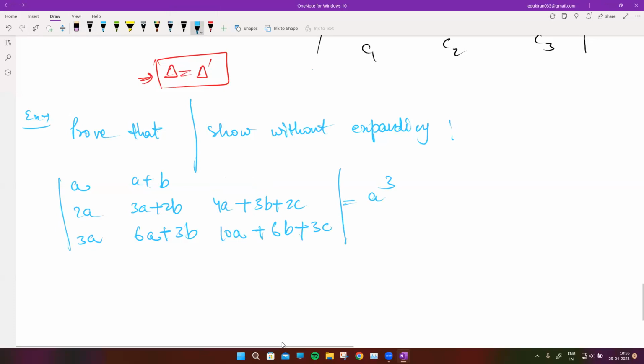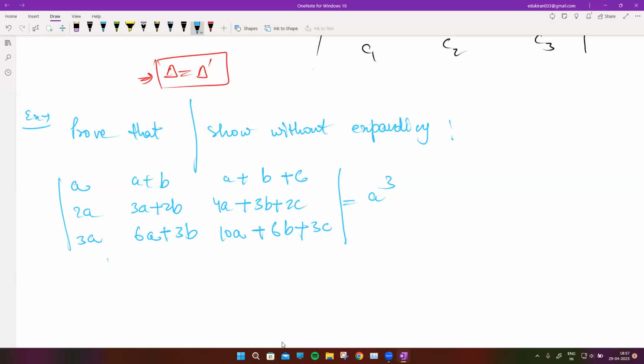Its first column is A, 2A, 3A. Second column is A plus B, 3A plus 2B, and 6A plus 3B. And third column is A plus B plus C, 4A plus 3B plus 2C, 10A plus 6B plus 3C. And we have to show that the value of this determinant is A cube.